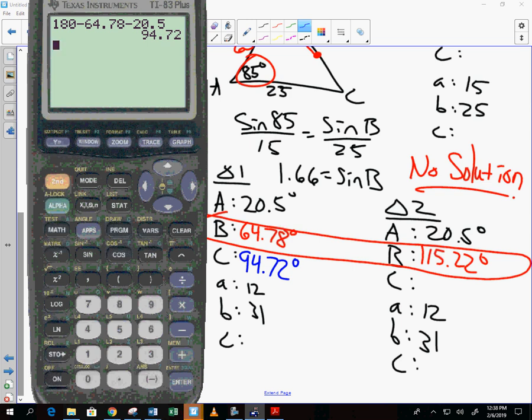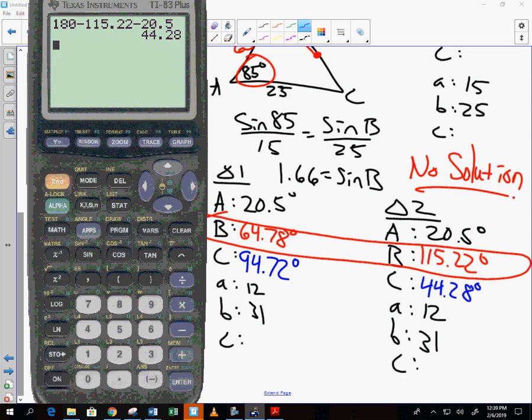And for this triangle over here, I'll have to do 180 minus 115.22 minus 20.5, and I get 44.28. So how would I find side C? Law of sines, right? And this C, I would also use the law of sines.